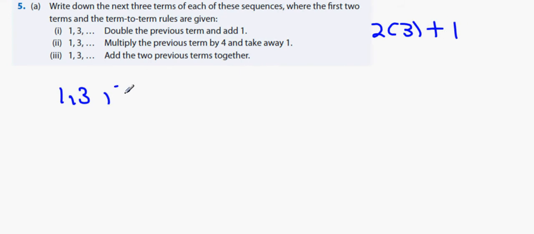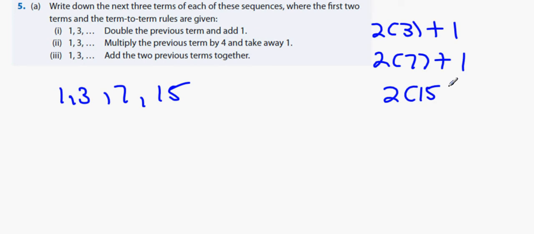Next, double 7, add 1 gives you 15. Double 15 and add 1 gives you 31. So 7, 15, 31.